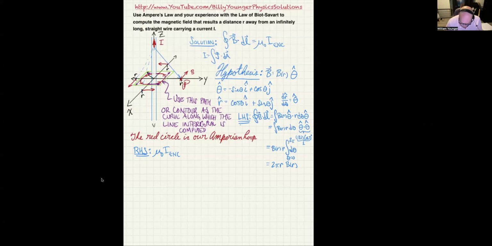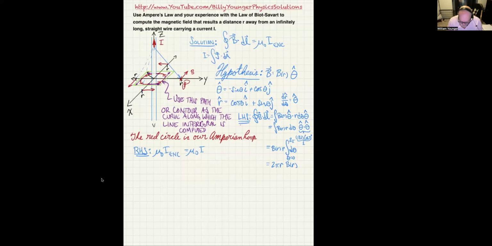So the current that actually goes through or is enclosed within that loop is a current in the upward direction, which is a positive current, and therefore the right-hand side is just going to become mu 0 times I, because that's the only current that's there.